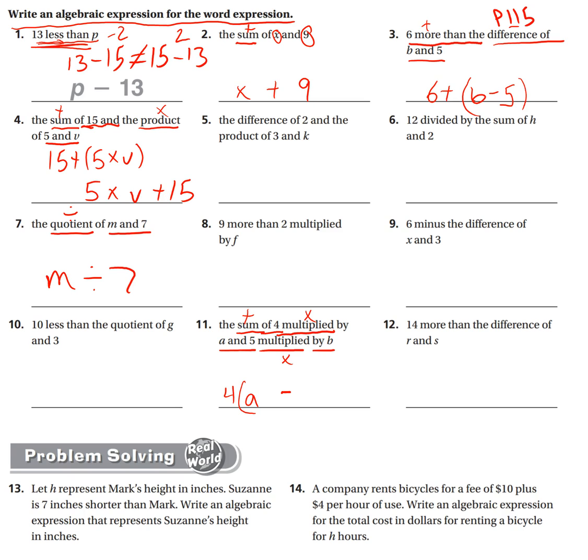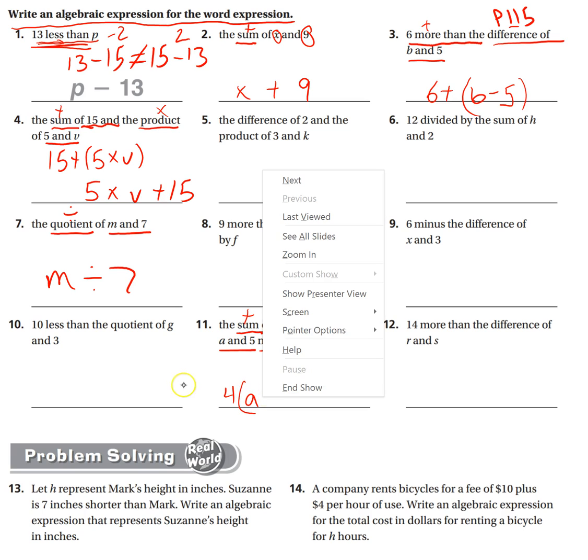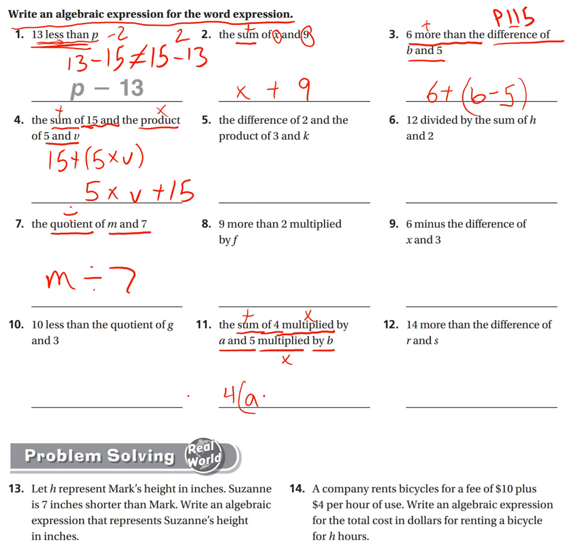A and 5. The sum, let me think, what do I want to do? Because then I do want to multiply it by B as well.